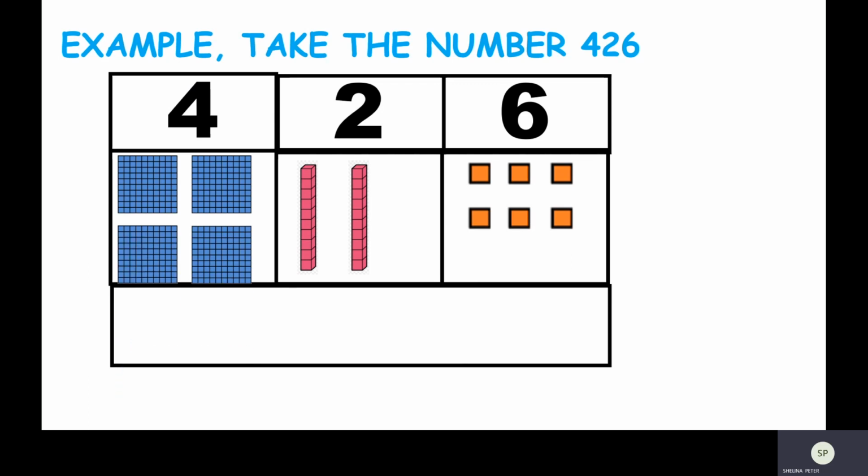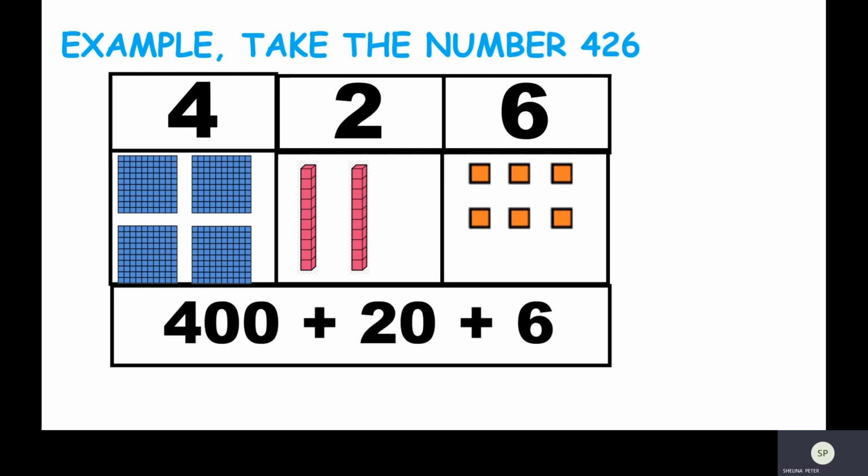Now let us see what do these blocks represent. As you can see, there are 4 blocks here. This represents 400. Here we have 2 blocks. This represents 20. And here we have 6 unit blocks. This represents 6. So together it will be represented as 400 plus 20 plus 6, which will be equal to the number 426.